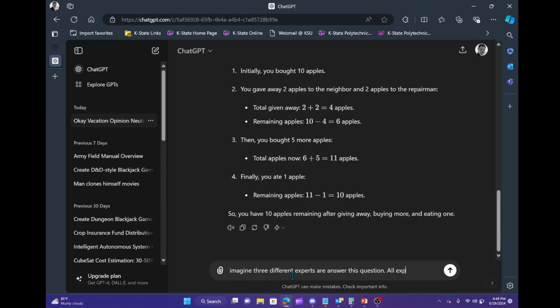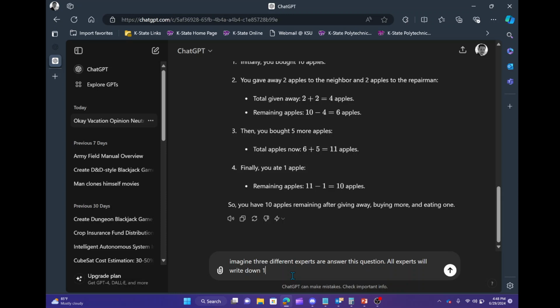All experts will write down one step of their thinking, then share it with the group.